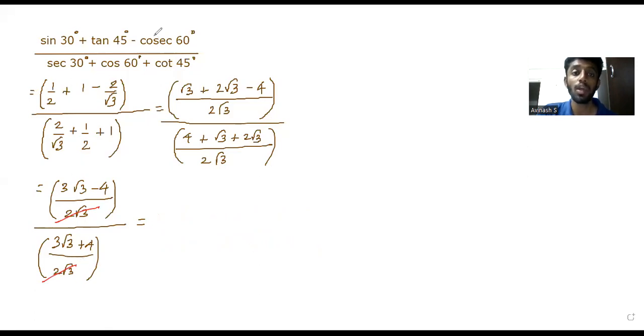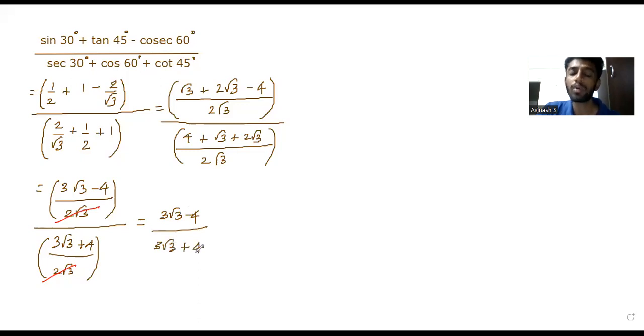I hope it's clear. Or we can even cancel it in the previous step itself. I just wrote the step to make you understand. So now in the numerator we have 3 root 3 minus 4, and in the denominator we have 3 root 3 plus 4.